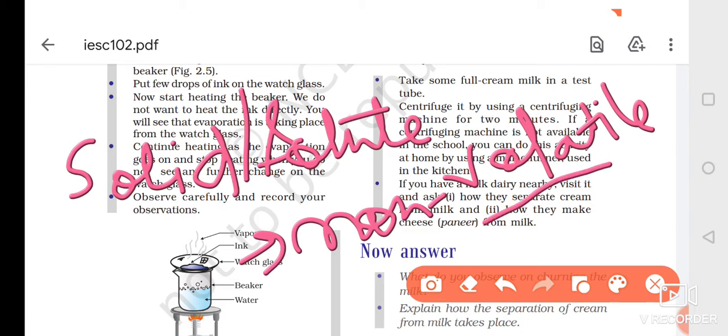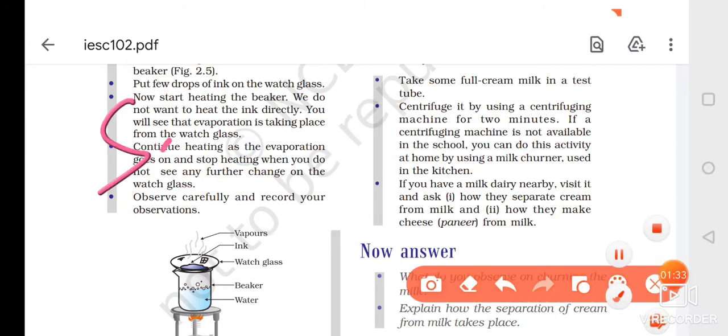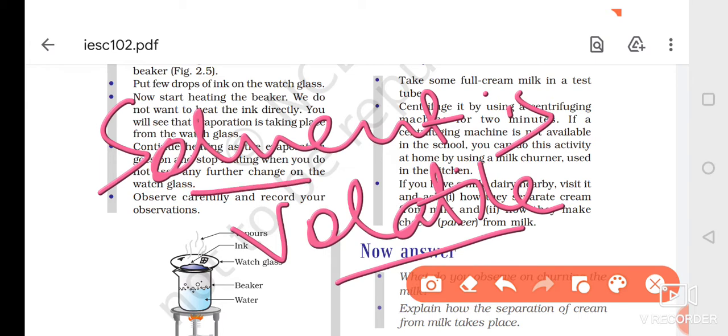I apply the evaporation technique in those mixtures where my solid is non-volatile and my solvent is volatile, meaning it can be easily converted into vapors. Volatile means can be easily converted into vapors.